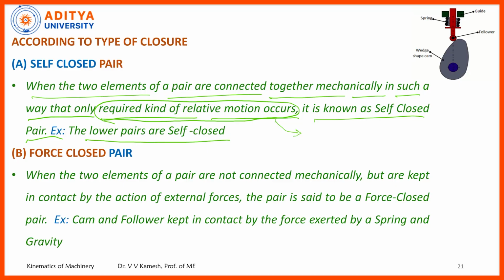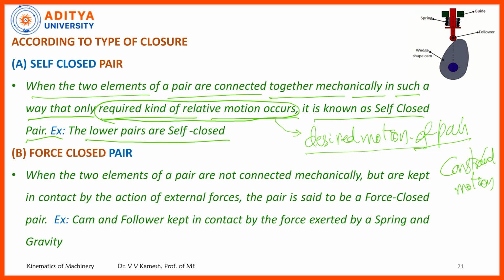The language is just reminding us of the desired motion of the link or pair, right? When you hear about the desired motion of the pair, as you desire, it is constrained motion.